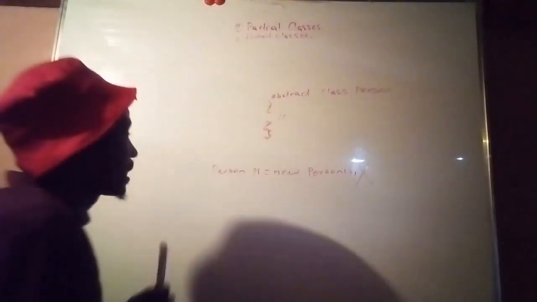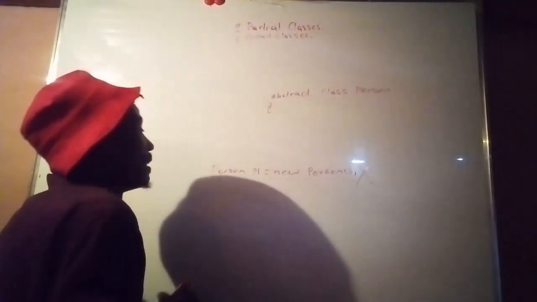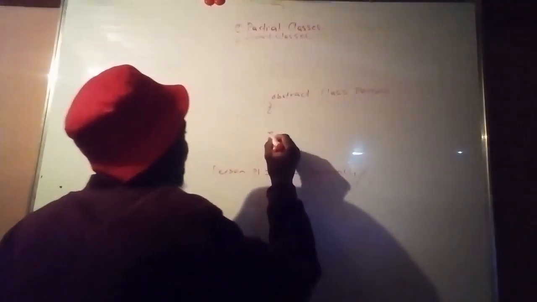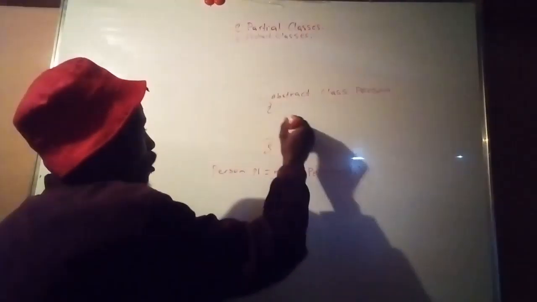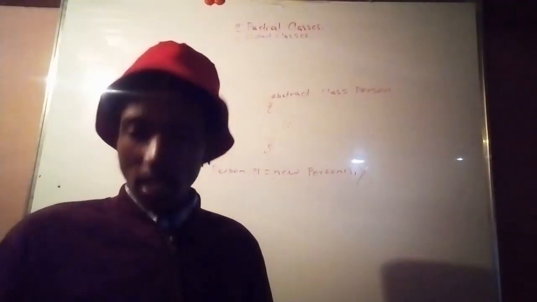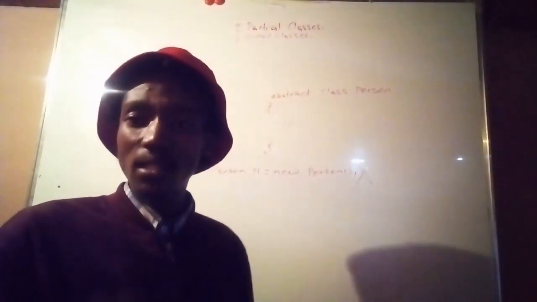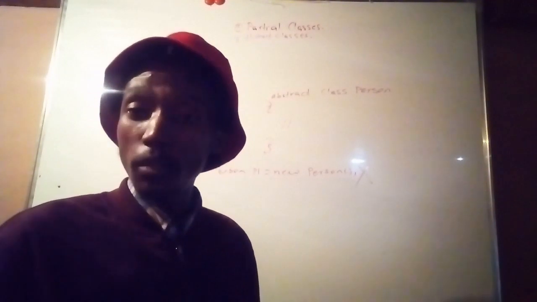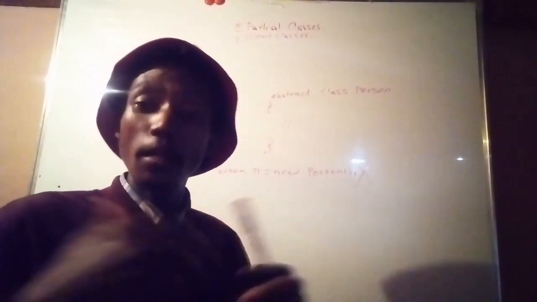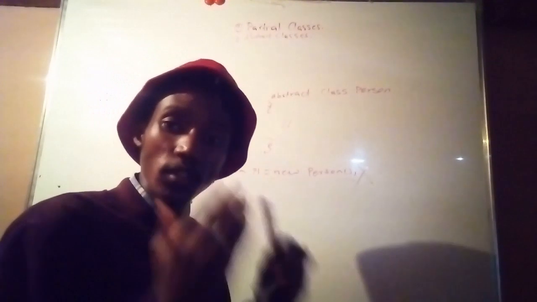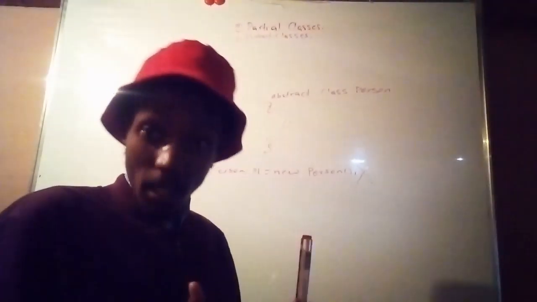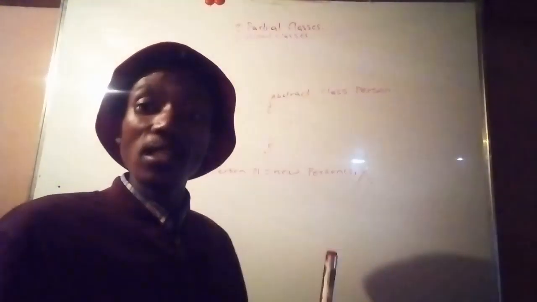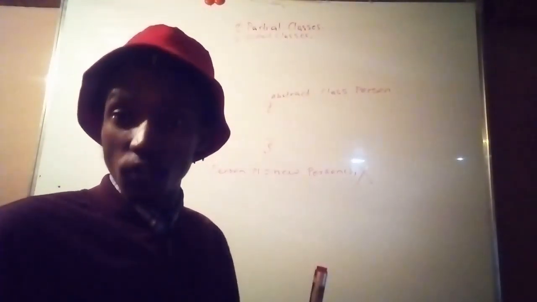Fine. Abstract classes, again, define a set of abstract members. So within the abstract class, you must have a set of abstract members. And we said abstract members are members that do not provide a default implementation. All you see within the set of abstract members of an abstract class are basically signatures for those members.